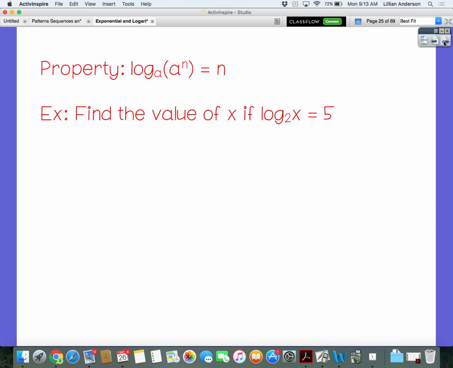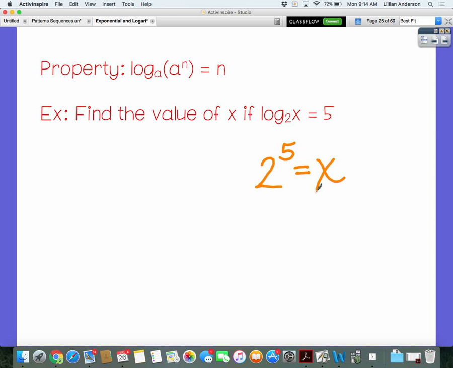All right? Now, we can use the same concept of writing logs in exponential form to even solve problems, okay? So we have log base 2 of x equals 5. We have to find x. So writing this in exponential form, Megan, how would I write this? 2 to the 5th equals x.